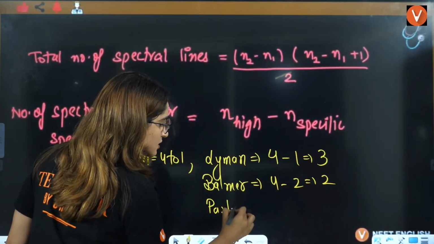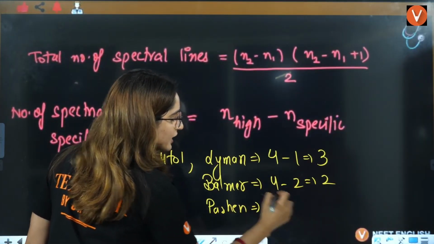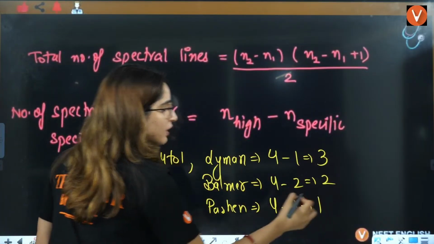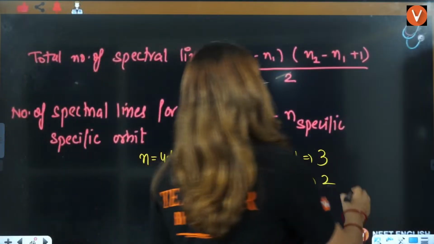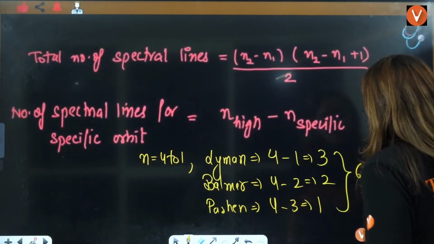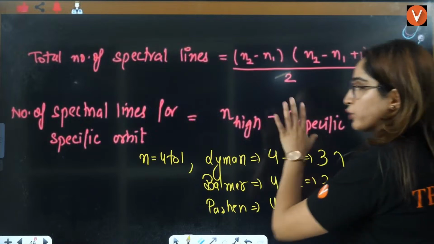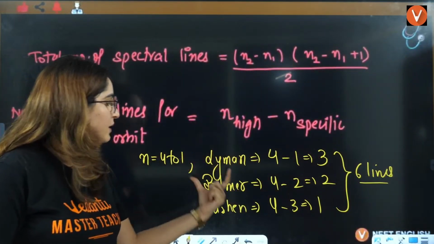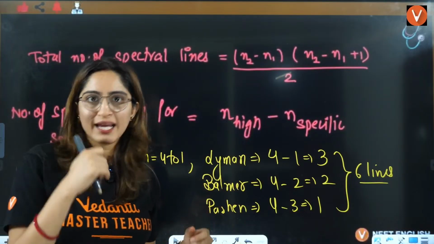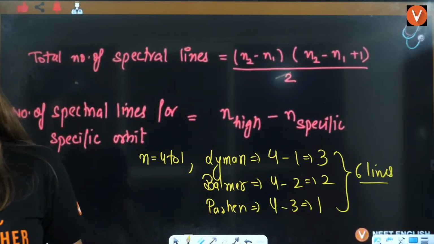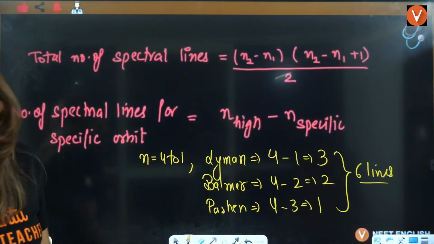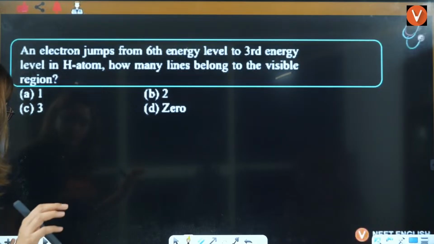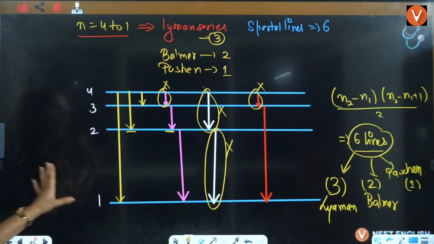Paschen, what is the answer? High is 4. Paschen, n value is 3. So it will be 1. So out of these 6 lines, you can directly say high minus specific. Specific means are they talking about Lyman or Balmer or Paschen? Everybody understood? Yes. So this is what we will do here. So let's say, students, again, I am telling you, I know that you have a problem in this.